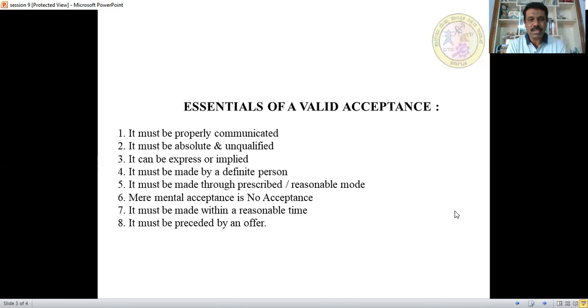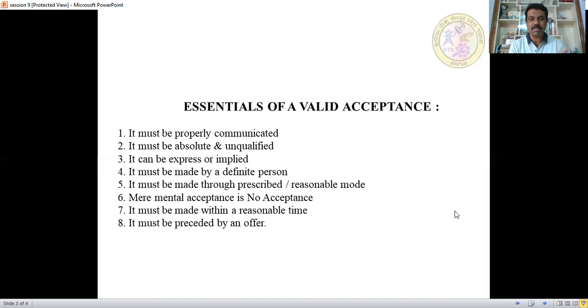Mere mental acceptance is no acceptance. If a person has accepted the offer made by the offerer in his mind, in his heart, then it is not an acceptance. Acceptance must be expressed or conveyed through conduct, body language, etc. Because if we mentally accept something, the other person may not be able to understand whether it is accepted or not.